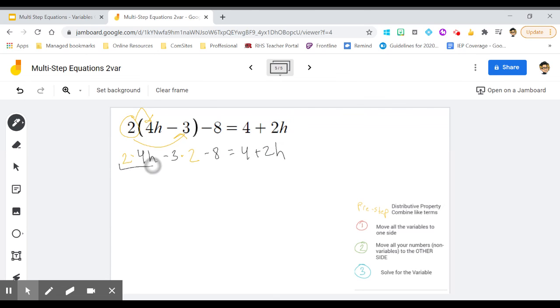So then 2 times 4h is 8h. Negative 3 times 2 is negative 6. I got this negative 8 here. My next step is going to be to actually combine my like terms. So negative 6 and a negative 8 is going to give me a negative 14.